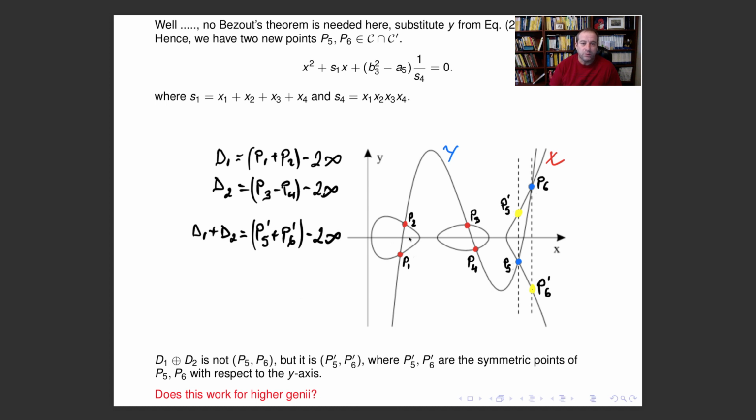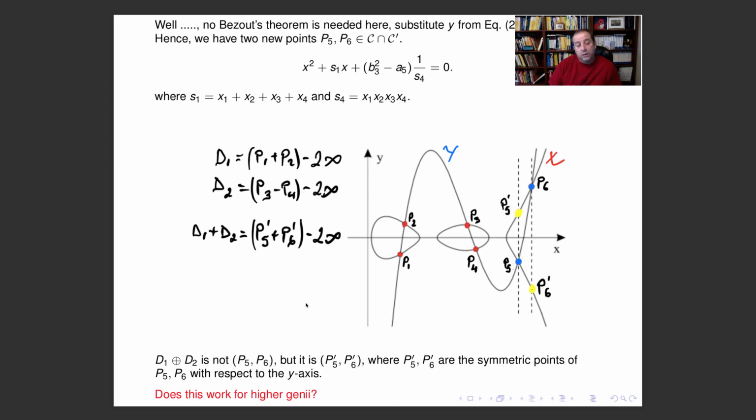Okay, so let's see how it works. For p1, p2, p3, p4, you get this interpolating curve. It will intersect in p5 and p6. This is not the addition. The addition is that you have to take the symmetrical points with respect to the x-axis of p5 and p6, so p5 prime and p6 prime.